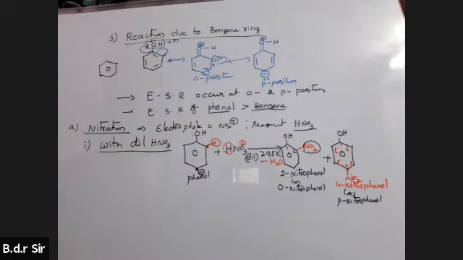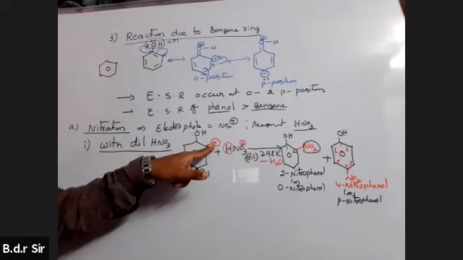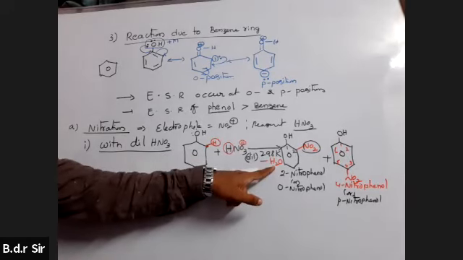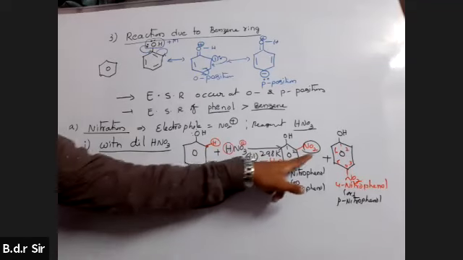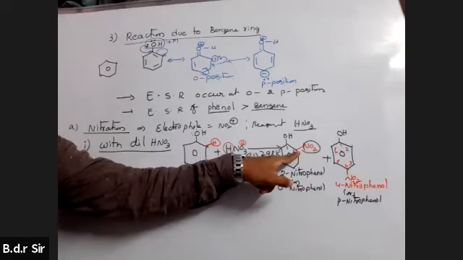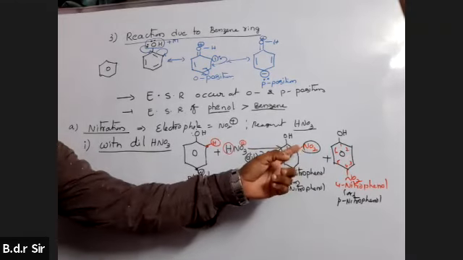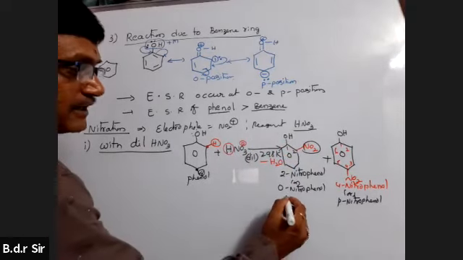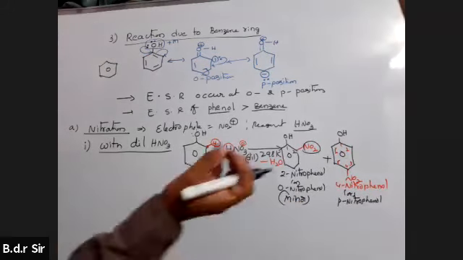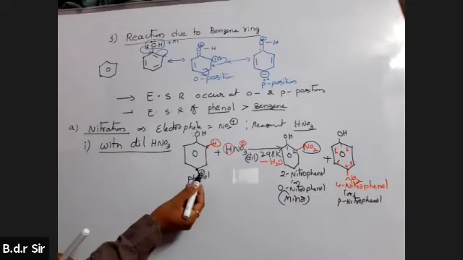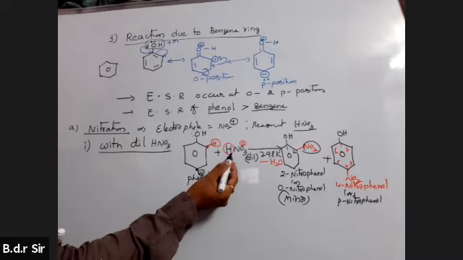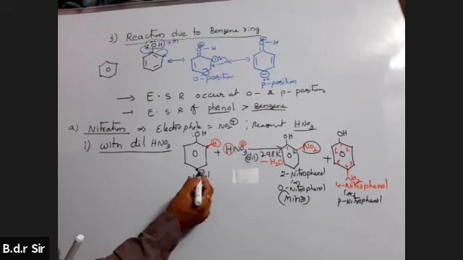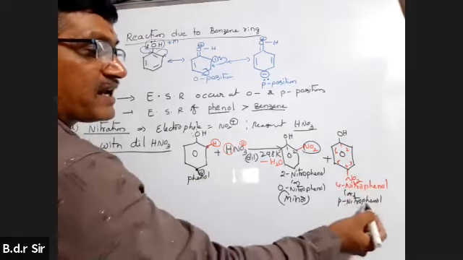At the ortho position, hydrogen in the nitric acid, hydrogen and oxygen are converted into water. It means hydrogen is substituted by the NO2 group. So it gives orthonitrophenol. This is minor, less quantity obtained. And also at the para position, hydrogen is replaced by the NO2 group, giving 4-nitrophenol or para-nitrophenol.